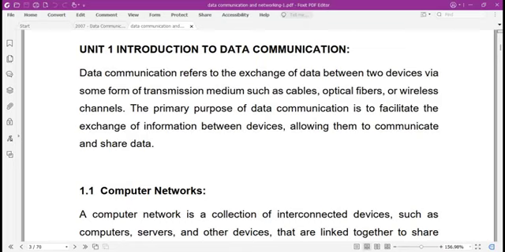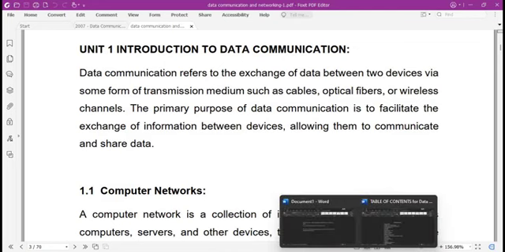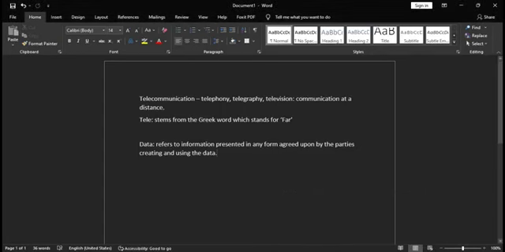Now, for data communication to occur, the communicating devices must be part of a communication system made up of a combination of hardware. So let's define hardware.